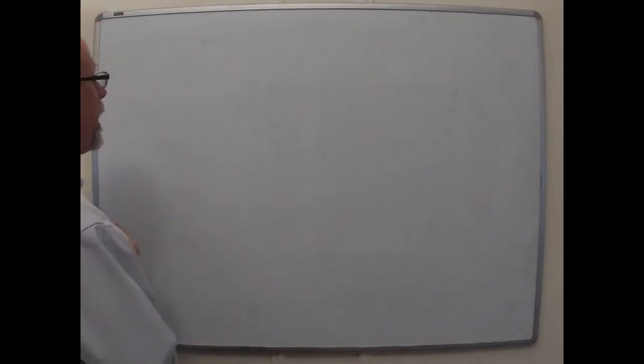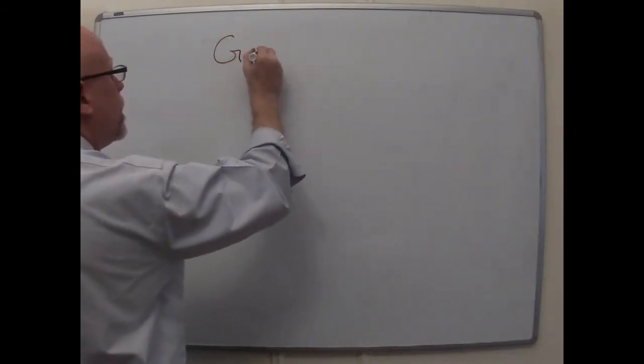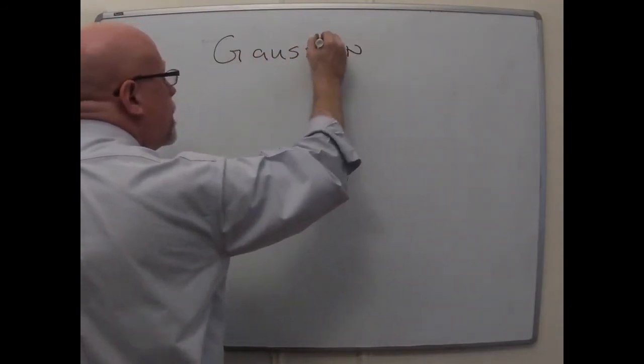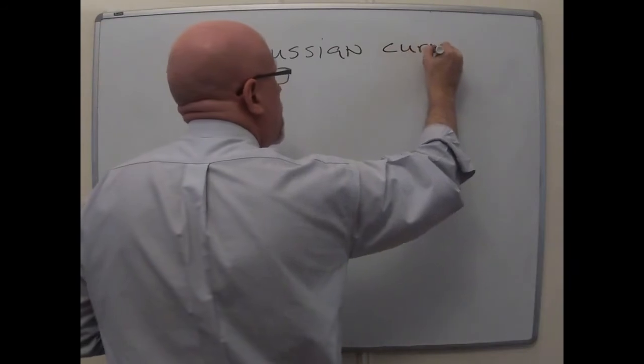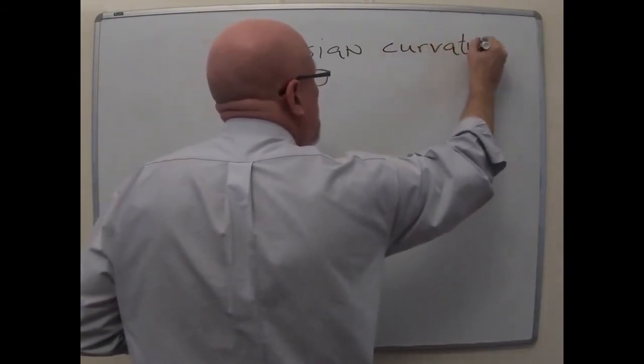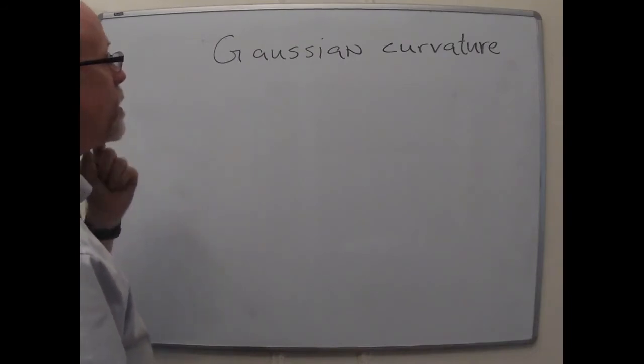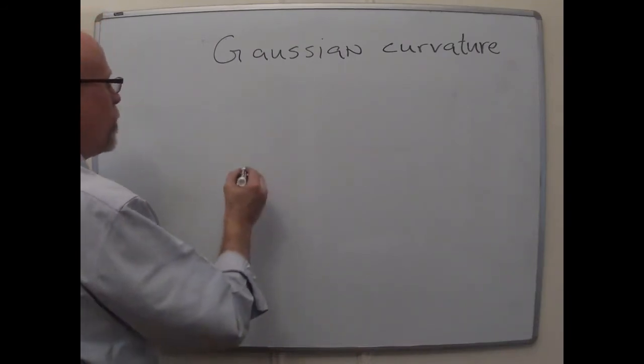I'm going to give you a notion to think about, which is not quite the same as h, but it's very similar. It's known as Gaussian curvature. And what Gaussian curvature is, more or less, is this.